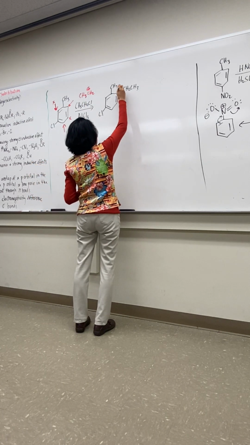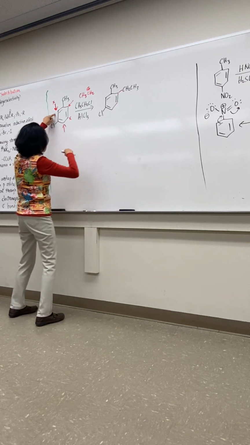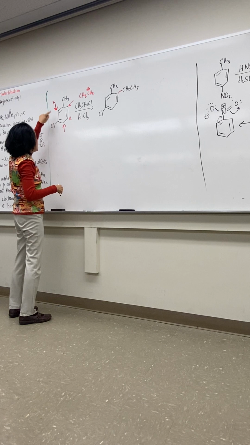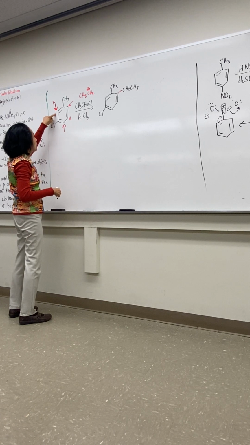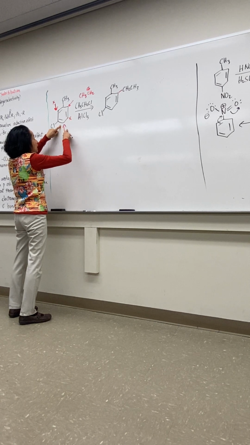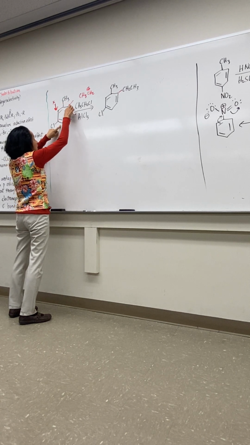Again, there are 4 positions. This one is too crowded. By steric effect, it's not going to go here, although it's still available because this is ortho to this and ortho to that one. These are ortho-para directors, so these positions are favored. This one is ortho to that one, para to this.